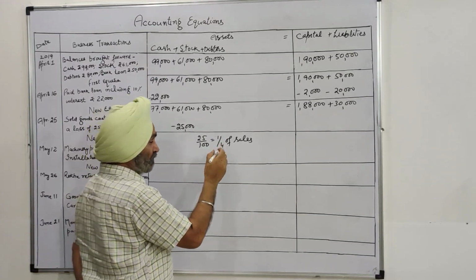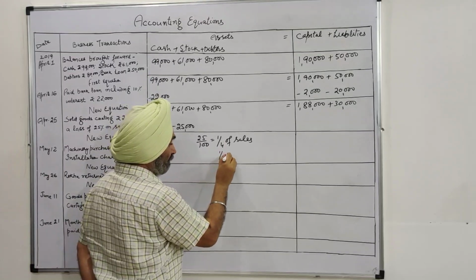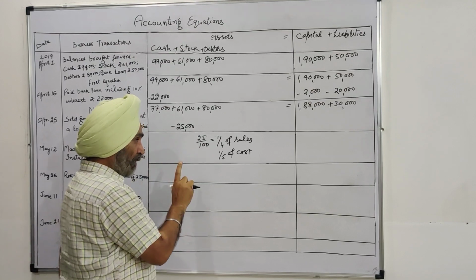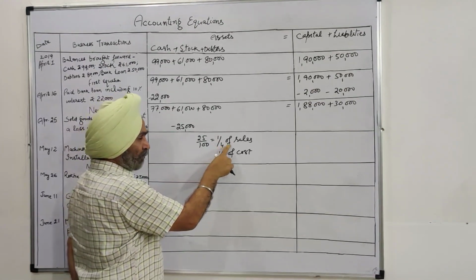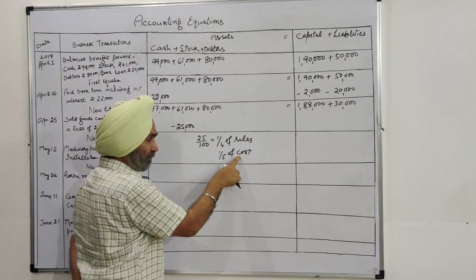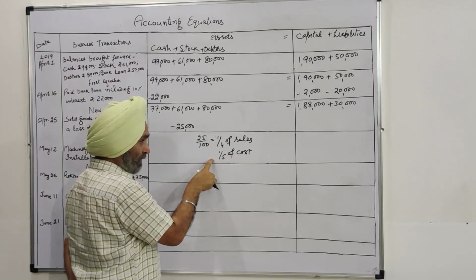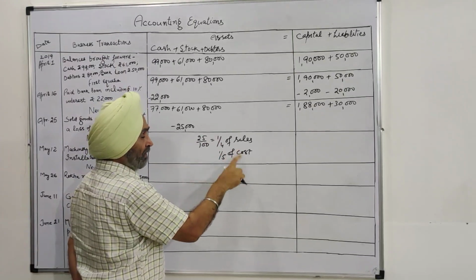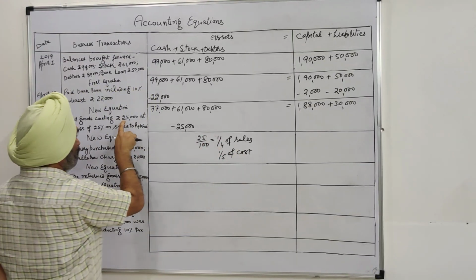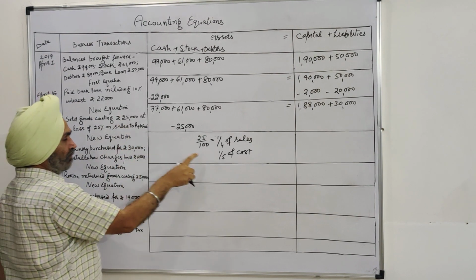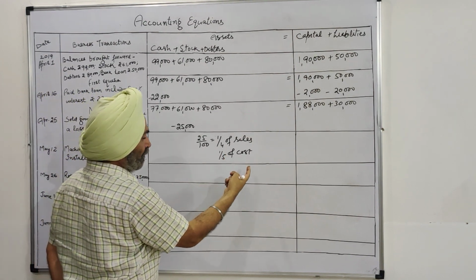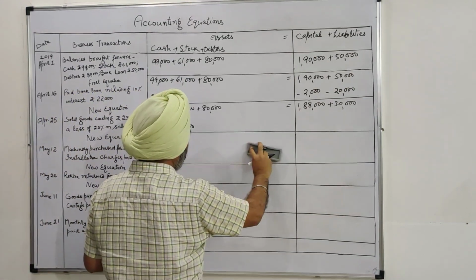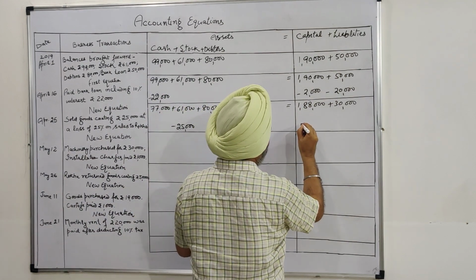But in case of loss, it will be 1 next, it will be 1/5 of cost. I am repeating: if it is a profit and it is 1/4 of sale, it will be 1/3 of cost. But in case of loss, if it is 1/4 of sale, it will be 1/5 of cost, 1 next. So cost was given to us as 25,000, 1/5 of that comes out to be 5,000. That is our loss, which we can straightaway calculate by a shortcut method.